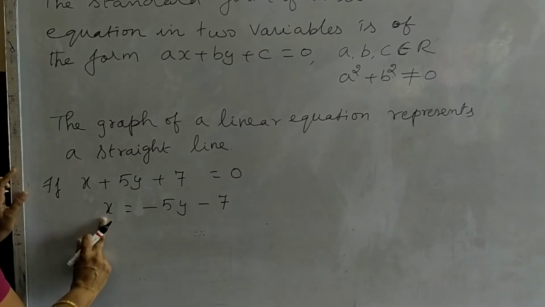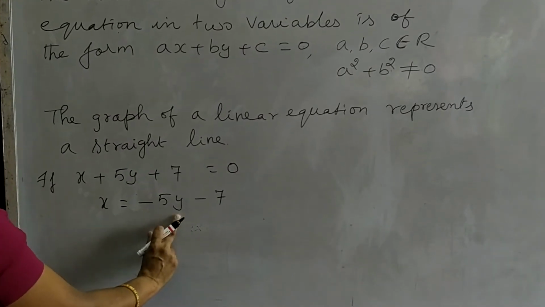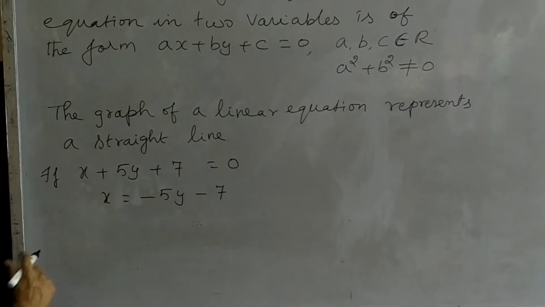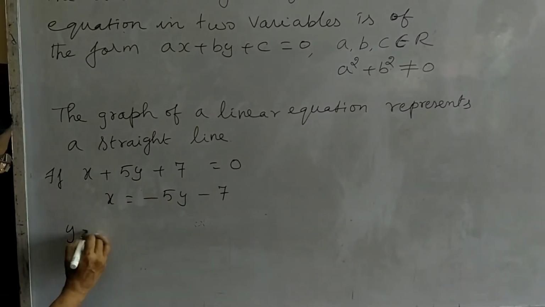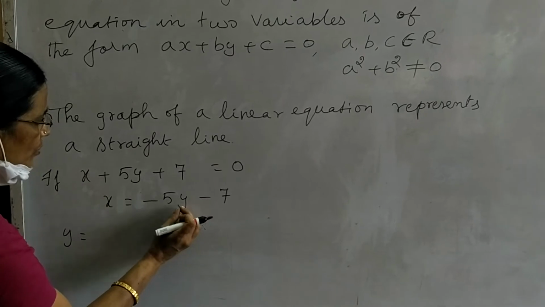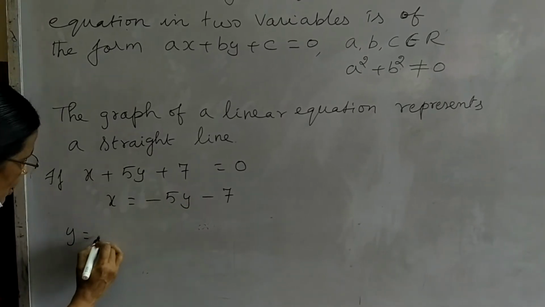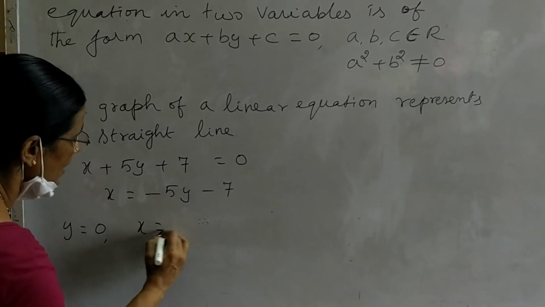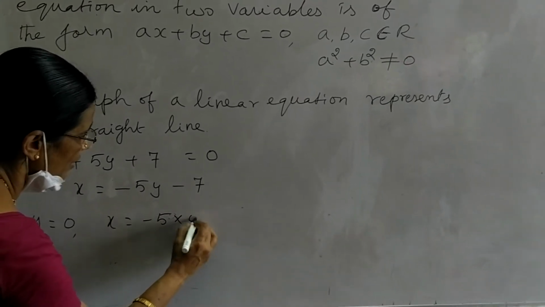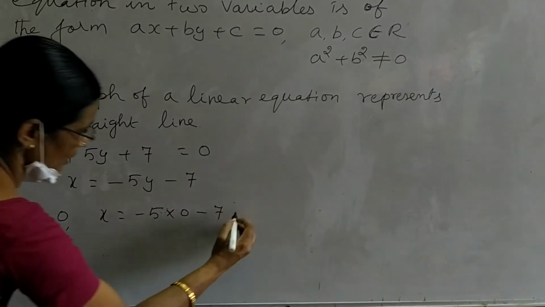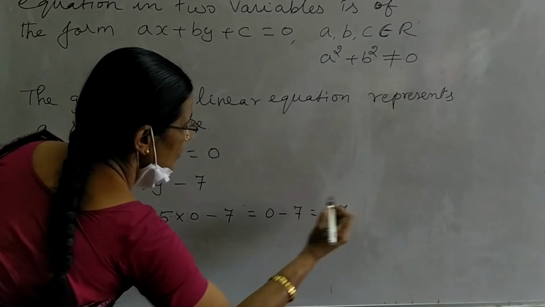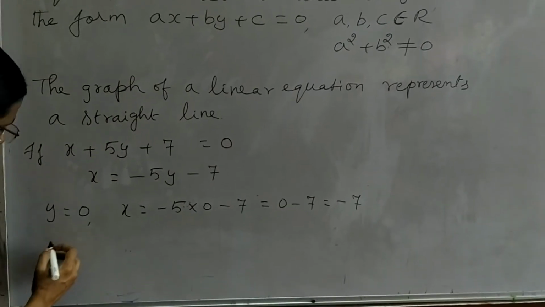Because it is in x form, I am going to give values for y and get corresponding values of x. So first I take y equal to, we can fix any value for this y. For me 0 is easier, so I have chosen 0. In that case x becomes -5 into 0 minus 7, which is 0 minus 7, which is equal to -7.